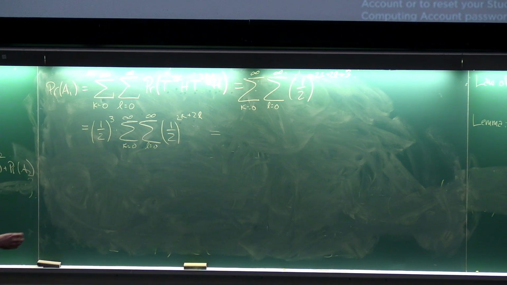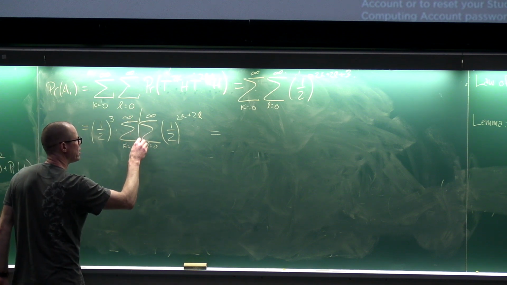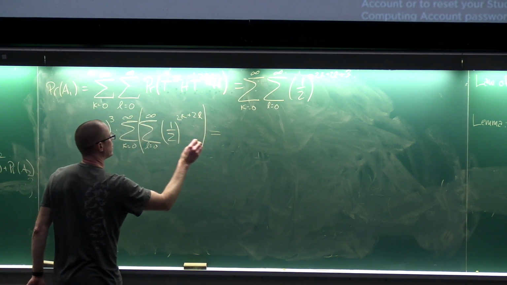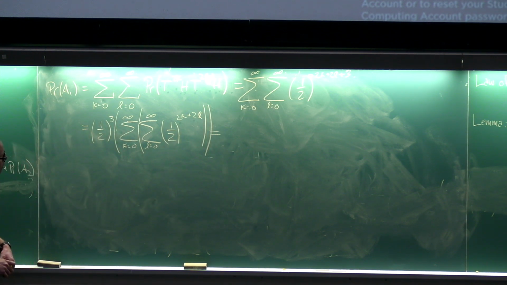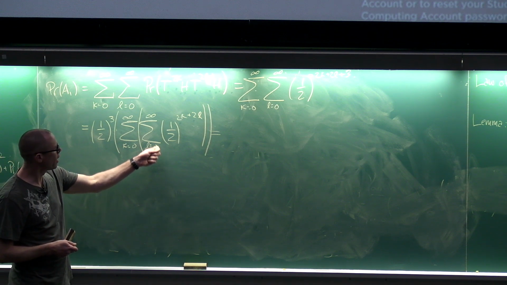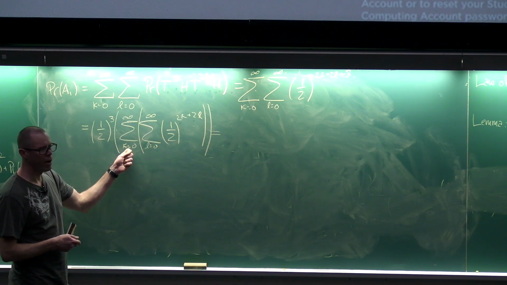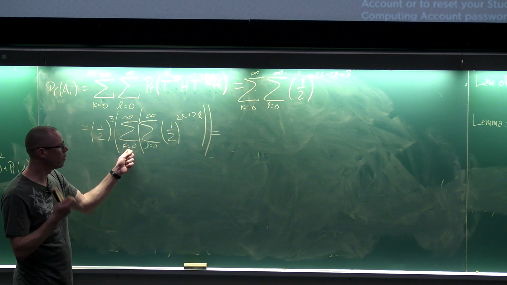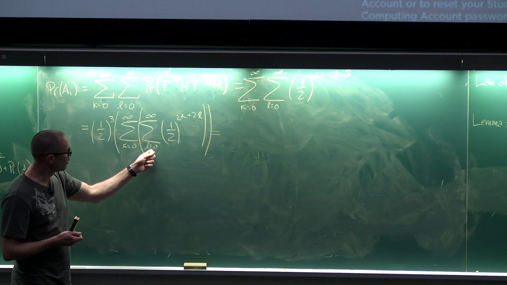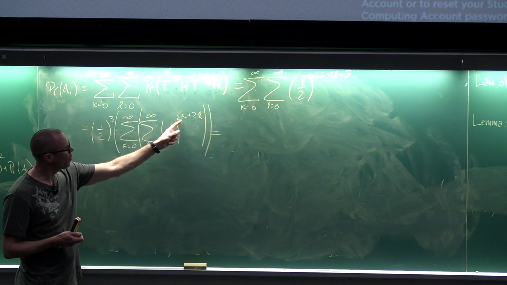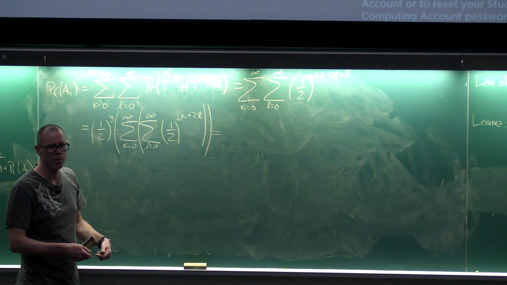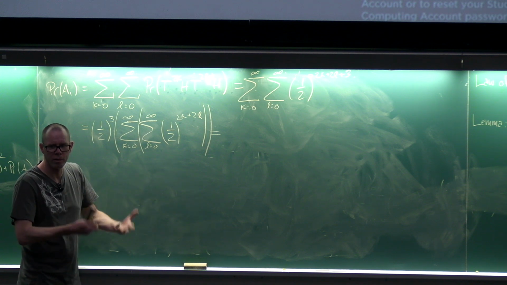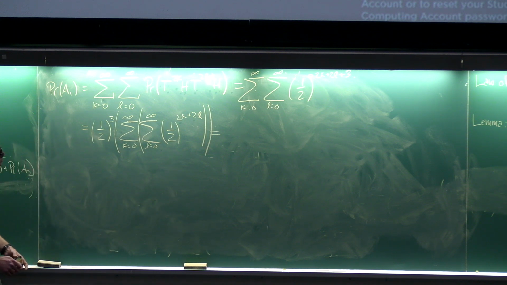Let's parenthesize this so we really see what's happening here. This is two nested loops, an inner one over l and an outer one over k, which means that the inner one runs from 0 to infinity without the value of k changing. And then the value of k increases by 1, and then the inner one runs again. And the value of k increases by 1, and the inner one runs again.